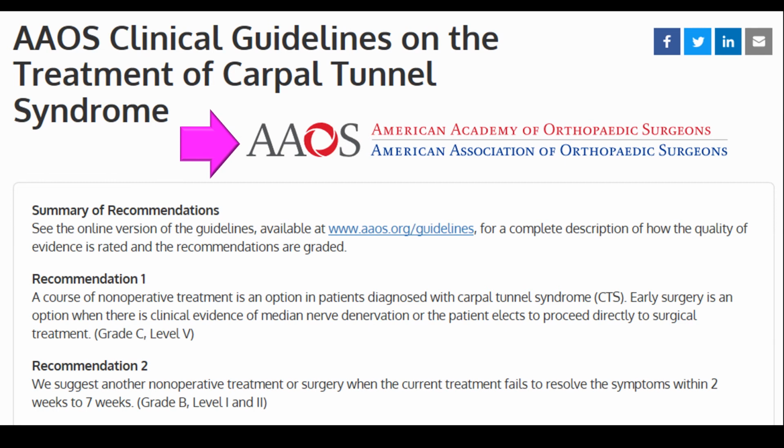Two orthopedic societies have provided guidelines on the treatment of carpal tunnel syndrome. One of the criteria for surgery is based on the presence of median nerve denervation.